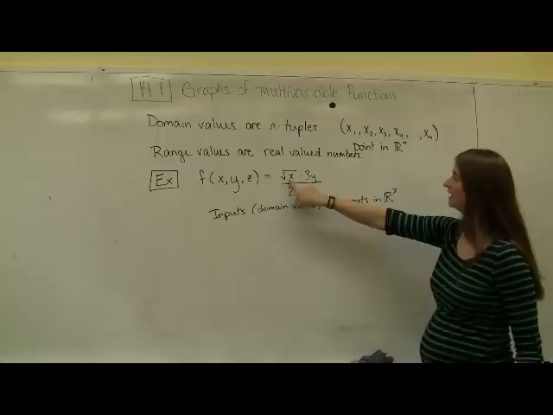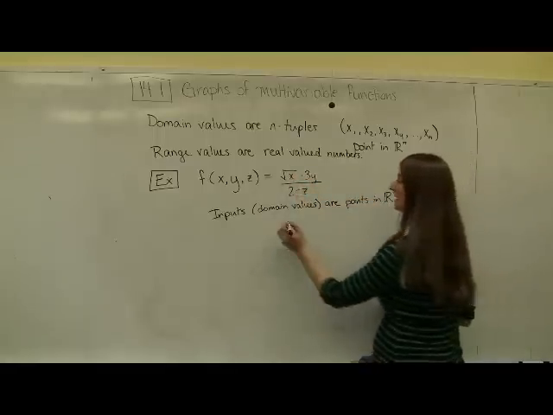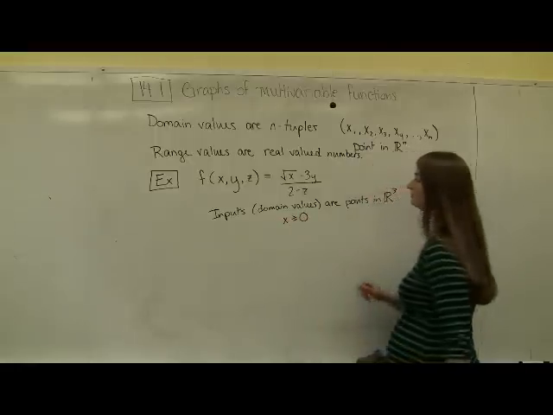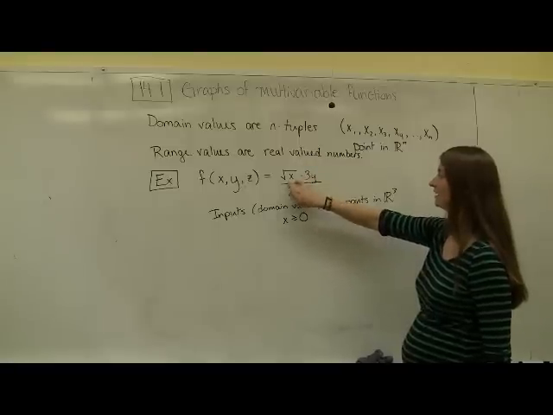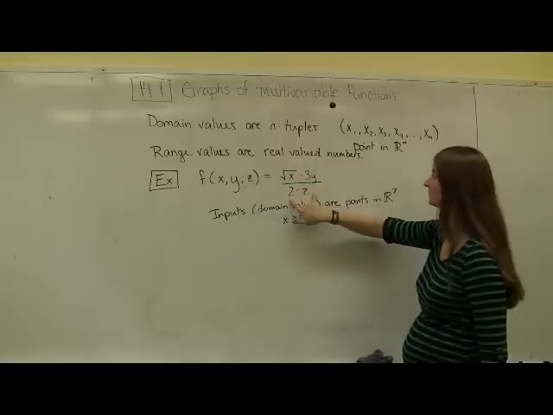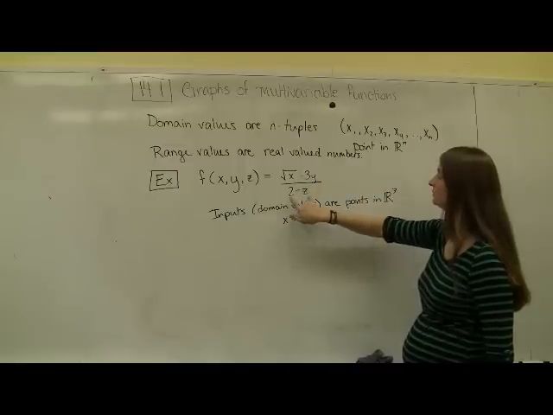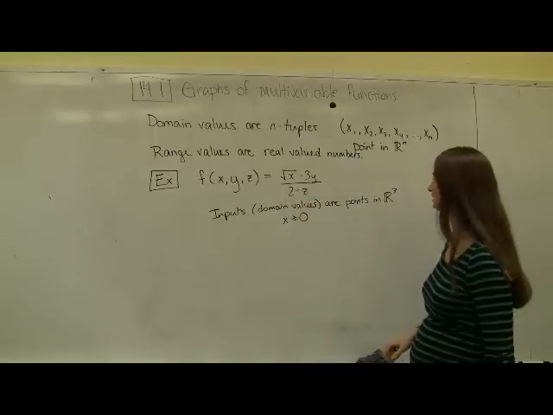I notice here that I have a square root over my x, and square roots can't be negative. So I know that my x values have to be greater than or equal to 0. That's something that could go wrong in the domain of this function. Negative x values don't make sense for the domain. It looks like my y values can be any value that I want. But here I also have to be careful that I can't have a denominator equal to 0.